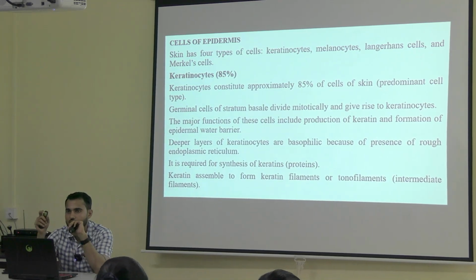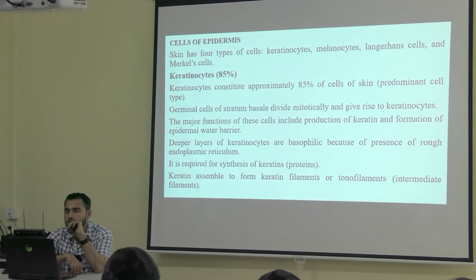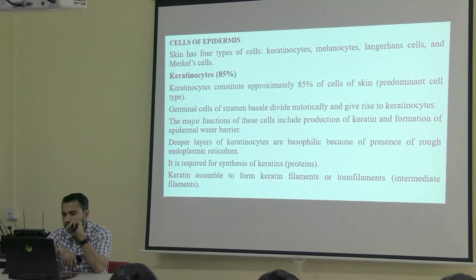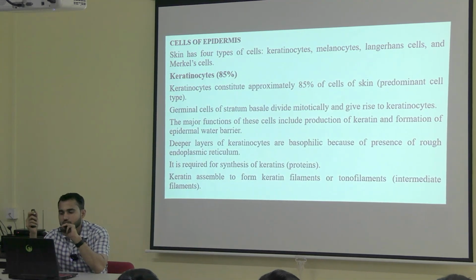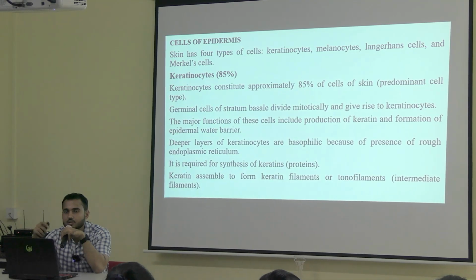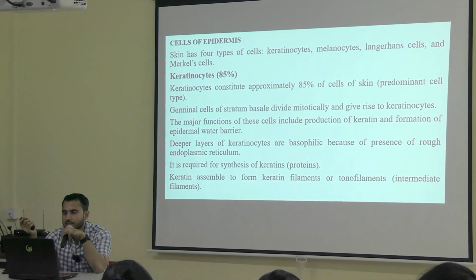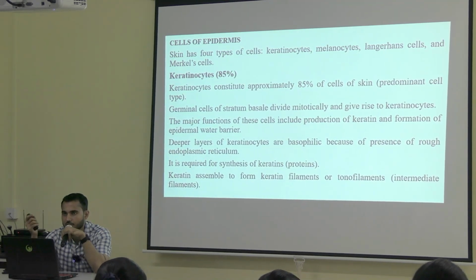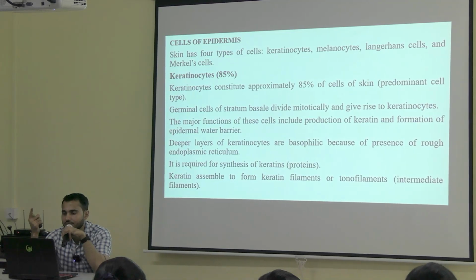85% of the cell population is made up of keratinocytes. These keratinocyte cells, the germinal cells of the stratum basale, divide mitotically and give rise to new keratinocyte cells, which move to the surface.